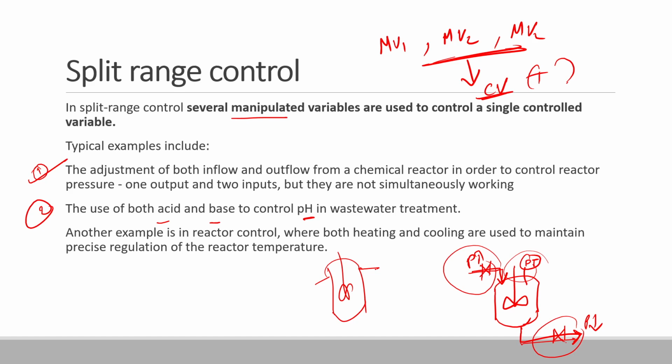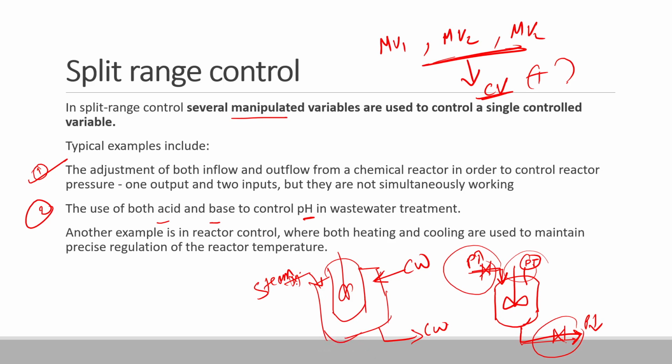we can have a jacket. And in that we can have a cooling water inlet as well as a cooling water outlet. Similarly, we can have a steam inlet also.